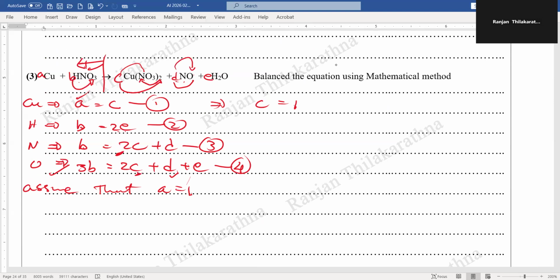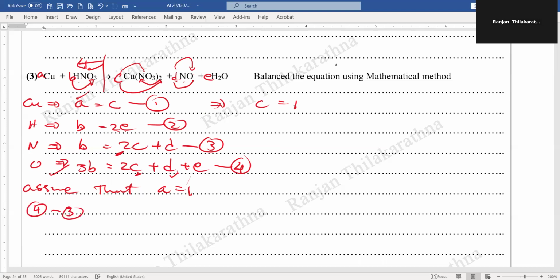Therefore what I do? I subtract 4 from 3. Oh, 4 minus 3 will be much better. 4 minus 3.